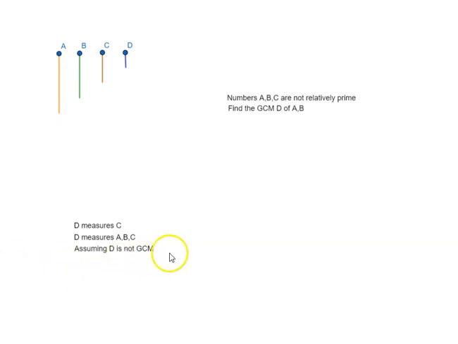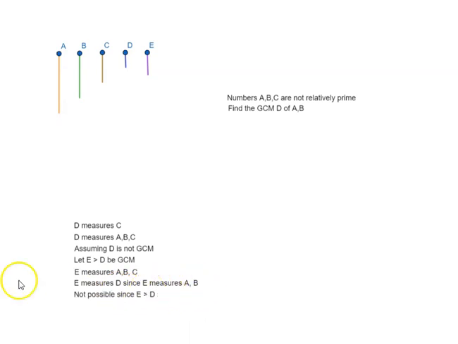So assuming D is not the GCM, let's say another number E, which is greater than D, is the GCM. So let's mark that E is the GCM of A, B, C, which means E will measure A, B, C. It would also measure the common measure of A and B. So which means E measures D, since E measures A and B, which is not possible.